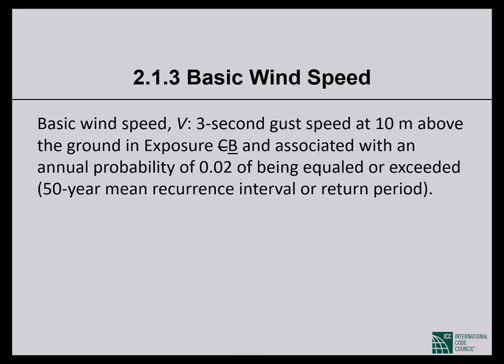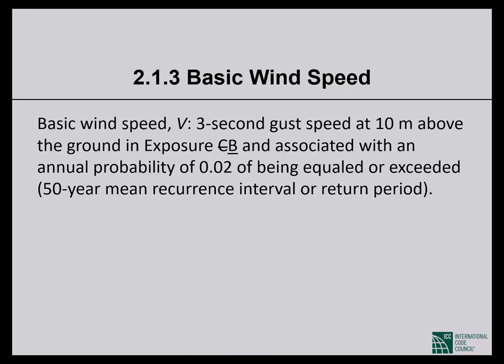Okay. 3-second gust speed, what does it mean? Wind velocity changes from one instant to the next. It is never the same for any significant amount of time. So in design, we have no choice but to use some kind of an average wind speed. And 3-second gust speed is wind speed averaged over 3 seconds. Now, you do not take just one 3-second period and average wind speed over it.